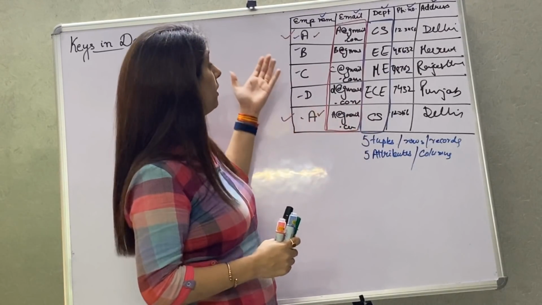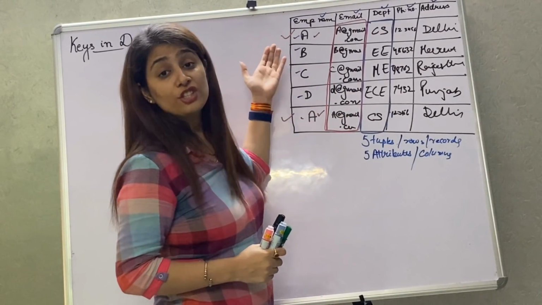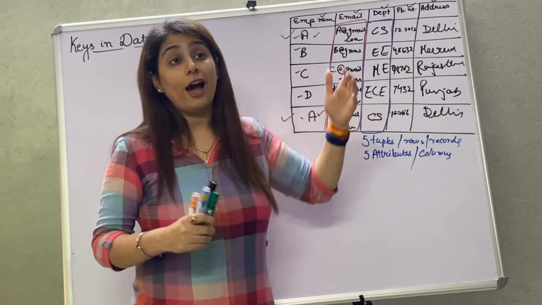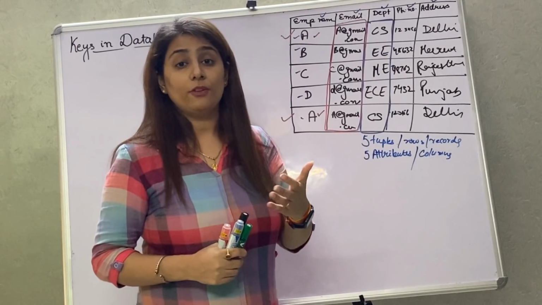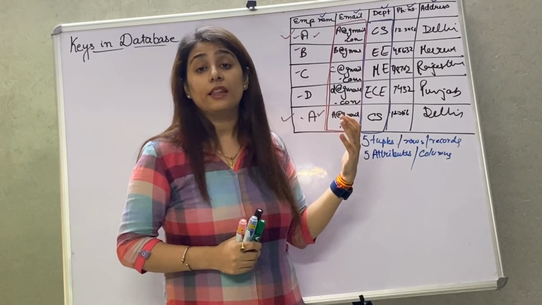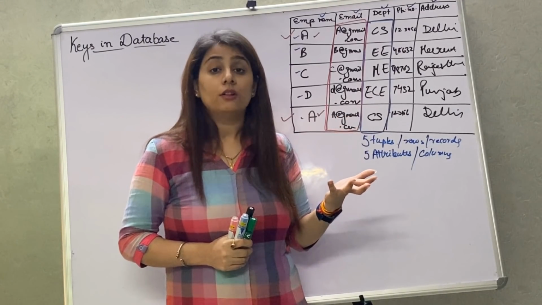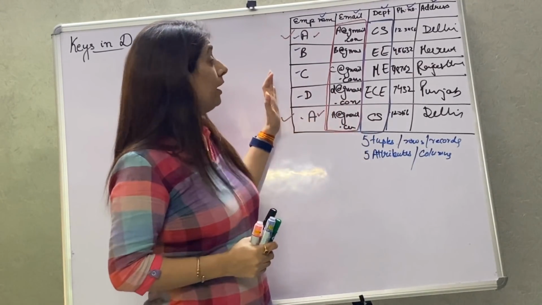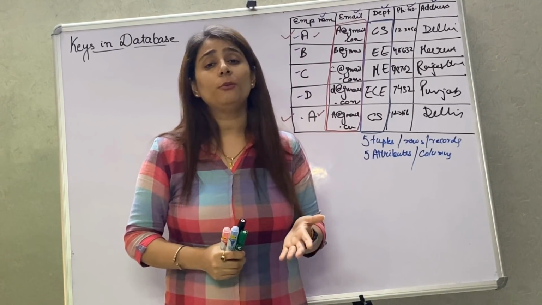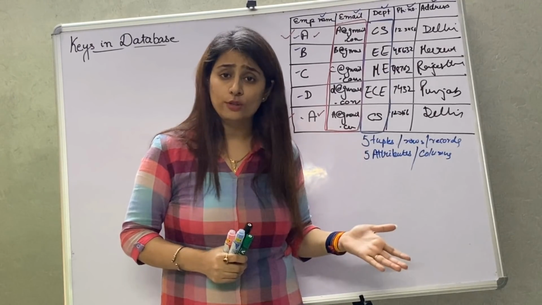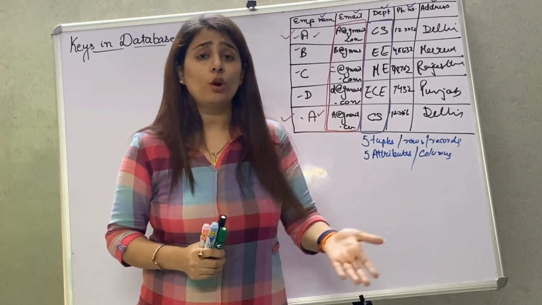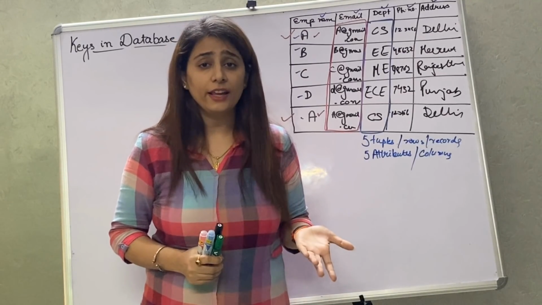If you say to fetch the information of employee name A, and there are a lot of entries with the same name in the relation, then what will happen? It will display all the entries to you, and it will be useless, because you are not getting the information you actually want.